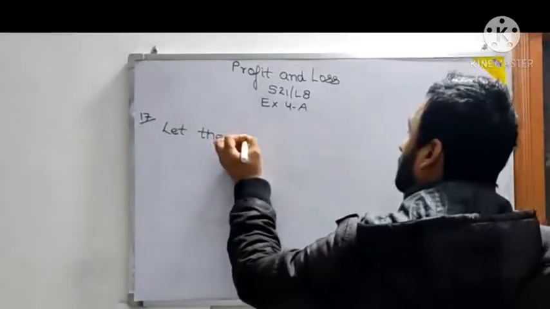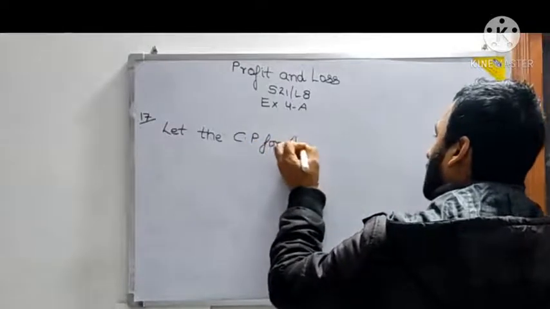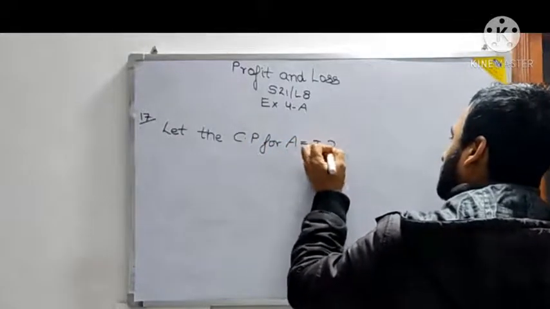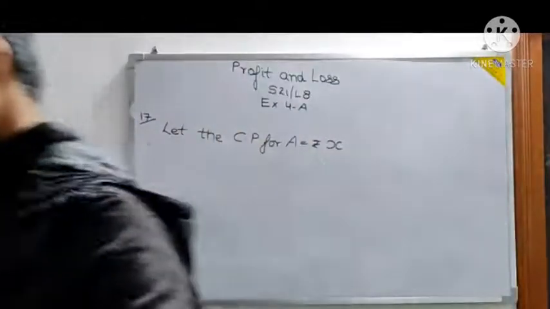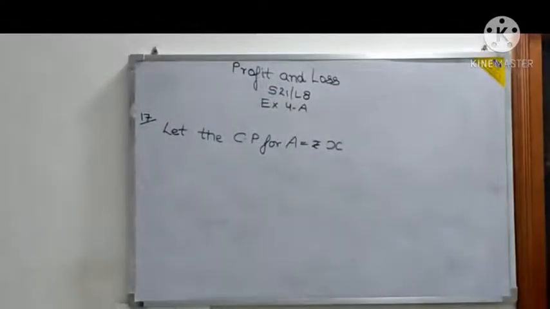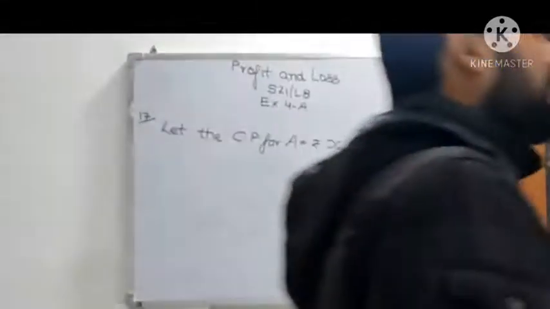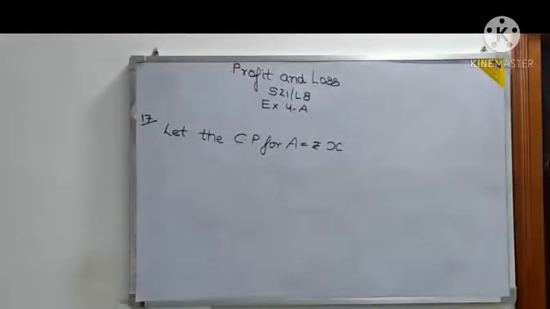Yes, let the CP or cost price for A be equal to rupees X. That means this you have to suppose, and it is always a good habit to suppose that thing which is to be calculated exactly, because the last time I told you a hint about question number 14, I had assumed the SP as X, but since SP is not required, you can take CP only, so that once you get X, you are exactly getting the value of the solution that is desired also. Okay.